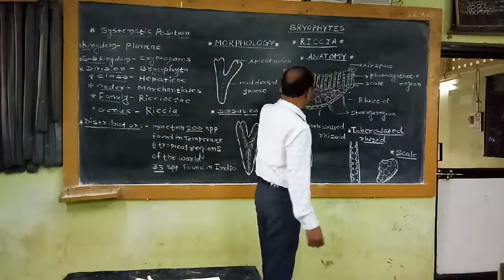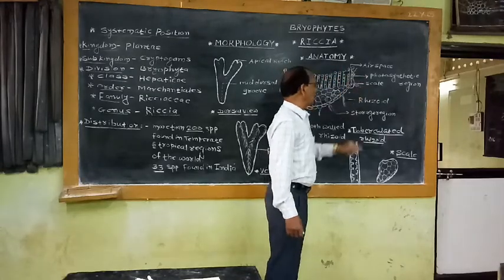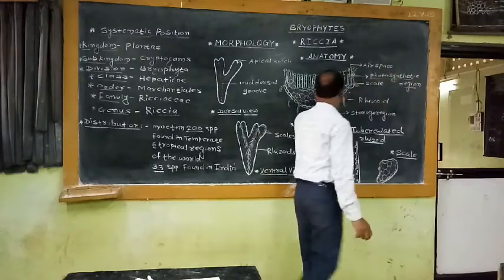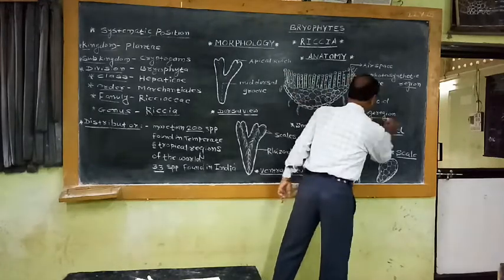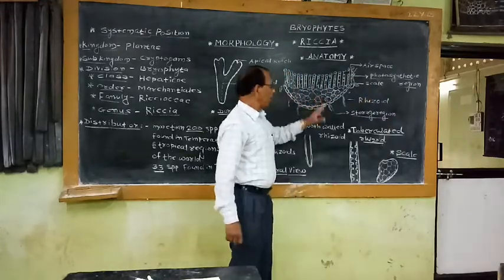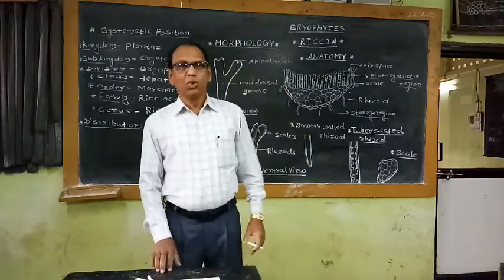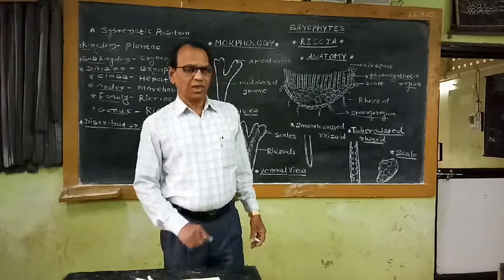This green portion in the apical portion is commonly known as the photosynthetic region, and the lower region of the thallus is generally known as the storage region. That means thallus tissues are differentiated into two regions, photosynthetic region and storage region.